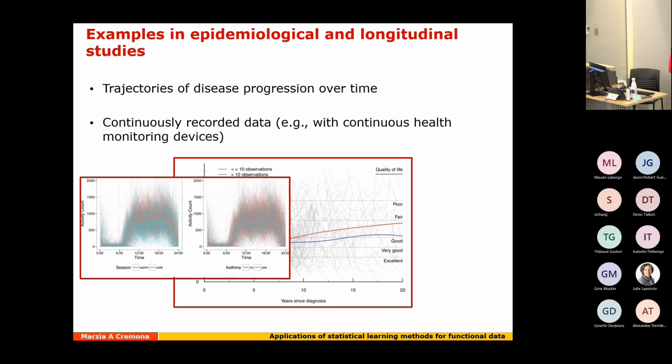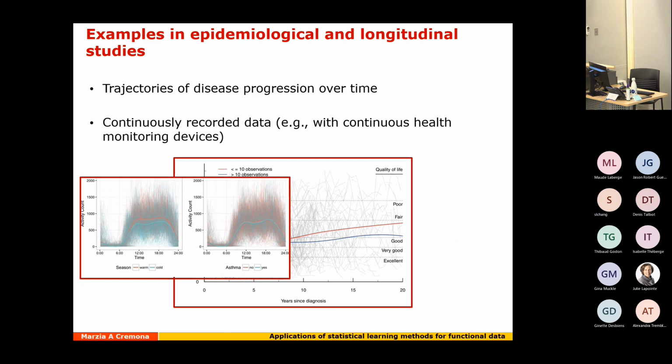We can also have continuously recorded data. These are perfect examples of functional data. Here we see activity counts done by an accelerometer. We have the number of steps for different times of the day for two groups of children. Here we have the difference between warm and cold days.